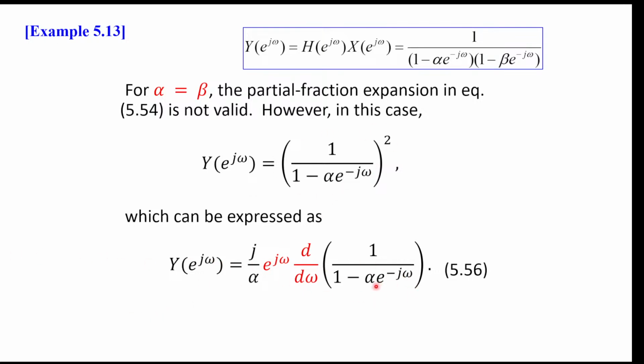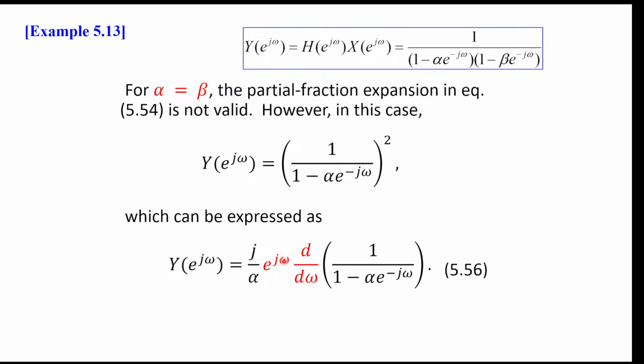When we differentiate this thing with omega, we'll get extra minus alpha, and extra e to the minus j omega, and extra minus j, and you combine all this, you get those j over alpha and e to the j omega.